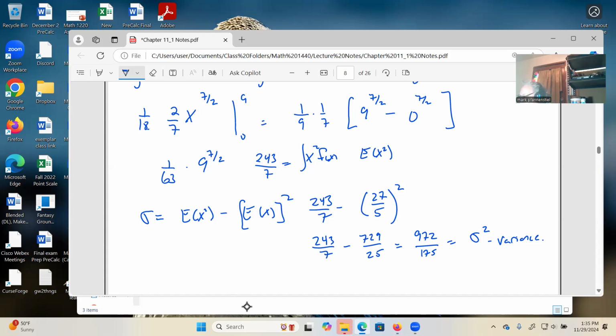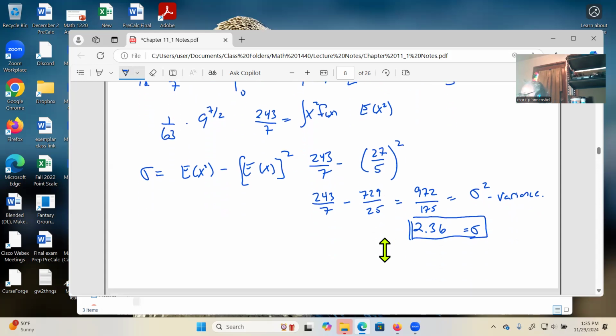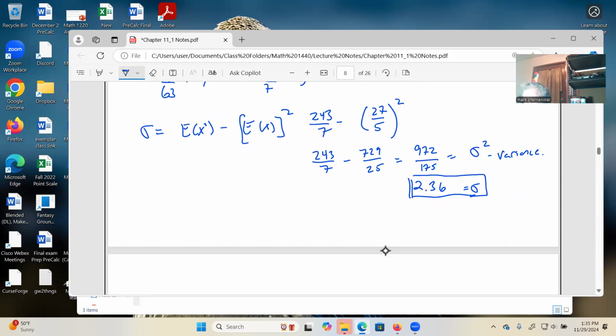When I took the square root of this thing, and I can't do that in fractions anymore, I ended up with 2.36. That was my standard deviation, to 2 decimal places. Okay, going back to my average, it was 5.4. This was my average. Okay, so parts A and B were okay here. We have part A, we have part B.